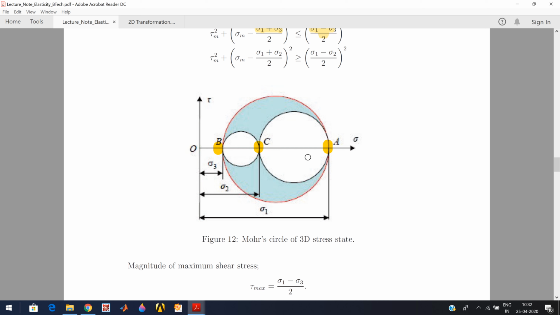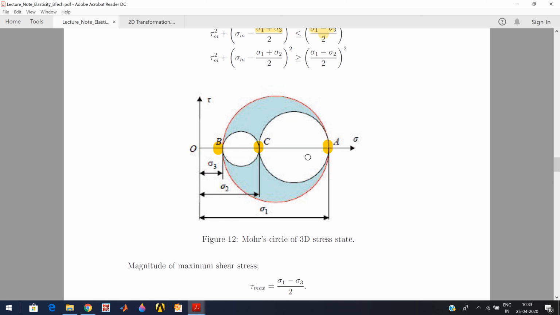If you remember my MATLAB demonstration, I showed this, but one difference you can note is that I got semicircles instead of full circles, whereas here we are getting full circles. The only reason for this difference is that in MATLAB, when I found the shear stress magnitude, I used a square root function, SQRT.